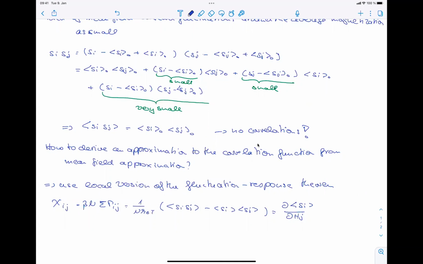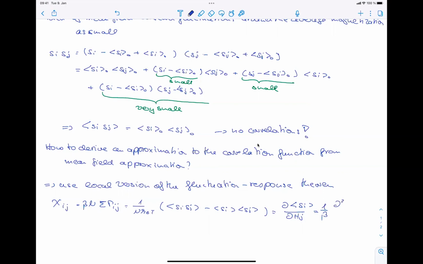So what I mean with a local version of the fluctuation response theorem is that, for the purpose of this derivation, I assume that my applied magnetic field H varies for every individual spin. So now my applied field gets an index j, and that allows me to write my response directly also as a derivative of the partition function.